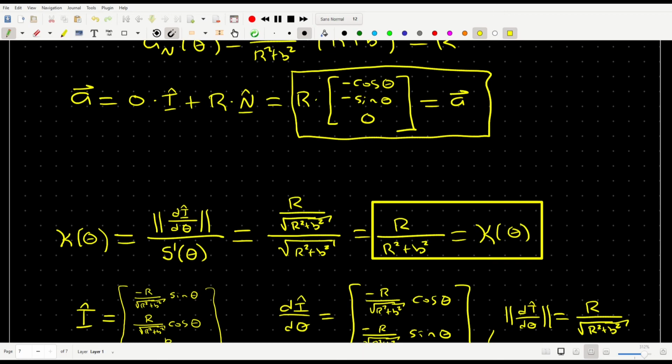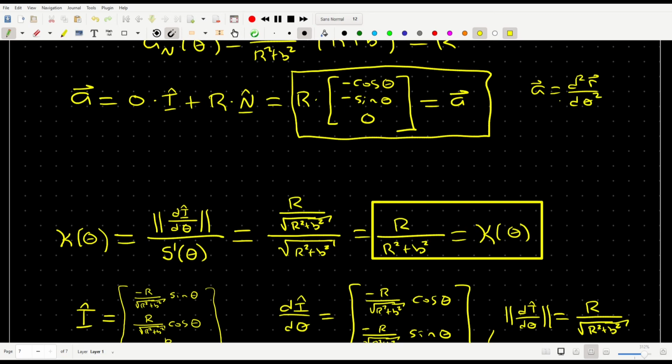Now keep in mind this is not a true acceleration because we're differentiating with respect to theta here, but it's relatively easy to figure out what the true acceleration is going to be in terms of the chain rule. This derivative right here, this a here, is the second derivative of displacement with respect to theta.